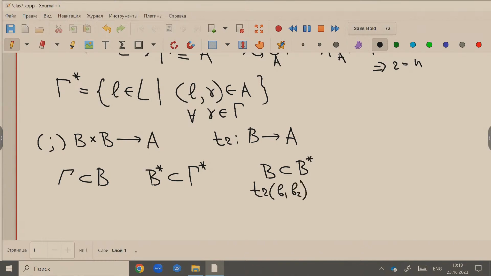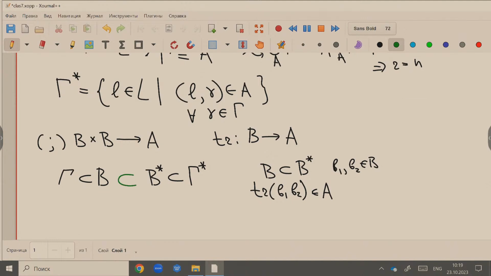If you have elements b1 and b2 that are in B, the trace of them belongs to A. So you have this kind of inclusion between these modules.